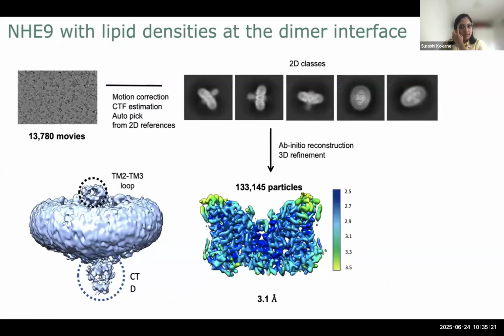For this, we tried to put some PIP lipids because they were known to regulate these exchangers. But unfortunately, we couldn't get any structure with these lipids. So what we did was we enhanced our purification with crude lipids, and these crude lipids picked up the necessary lipids which would be required to stabilize the dimer and also the loop domain.